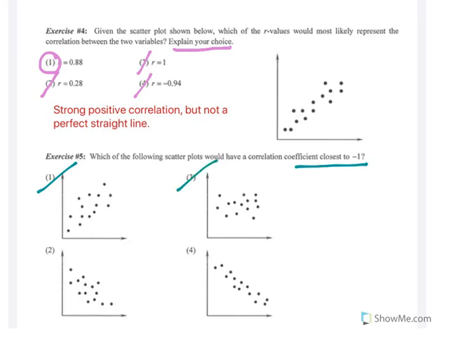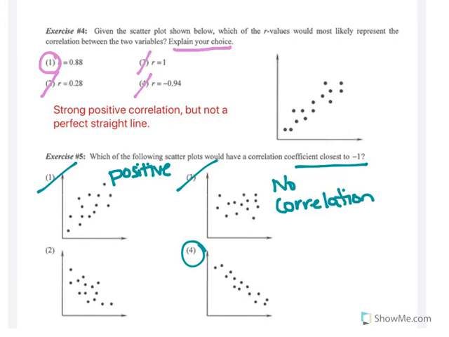Choice 3 would be more of a no correlation option. So now it just leaves us between choice 2 and choice 4. Both are negative correlations, but the closest to -1 would be the one that looks closest to a straight line with a negative slope. And that would have to be choice 4.